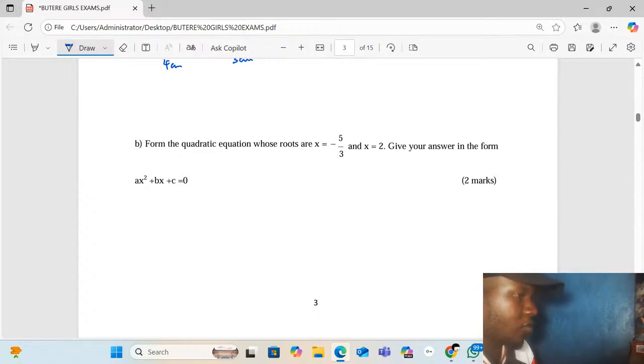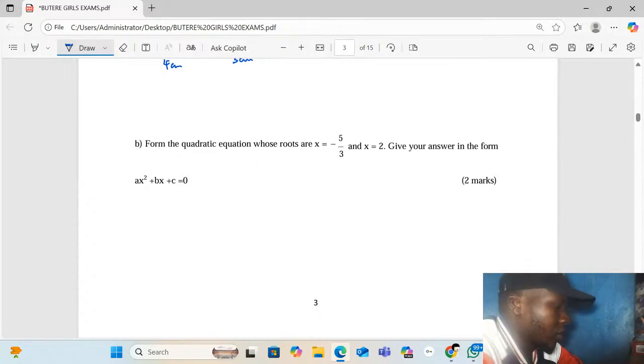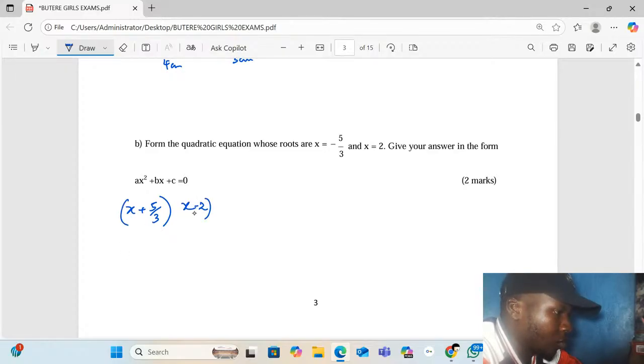So x is equal to negative 5 over 3, that is x plus 5 over 3. And the other x is 2, so x minus 2.